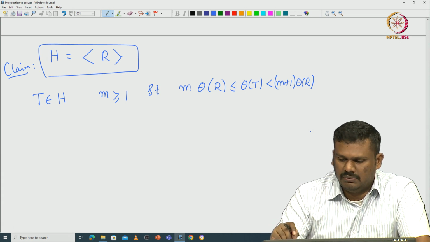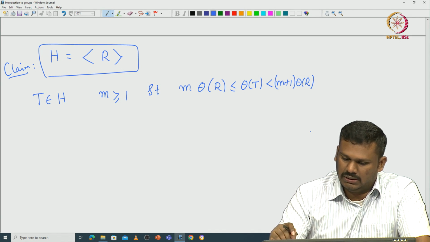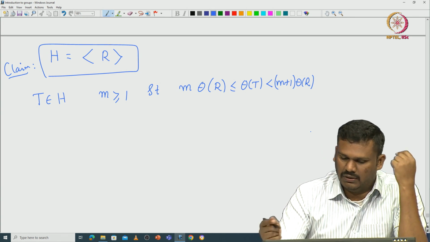You choose the minimum m such that θ(t) is greater than or equal to m times θ(r), then you will get such an m.